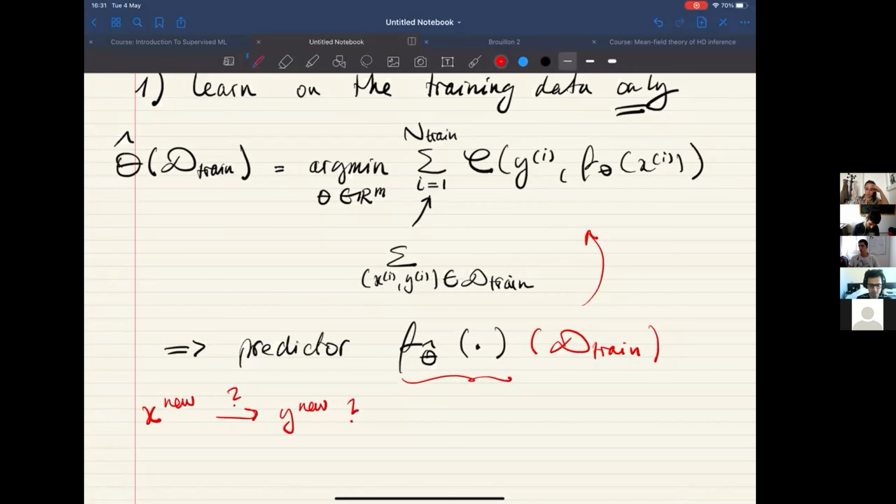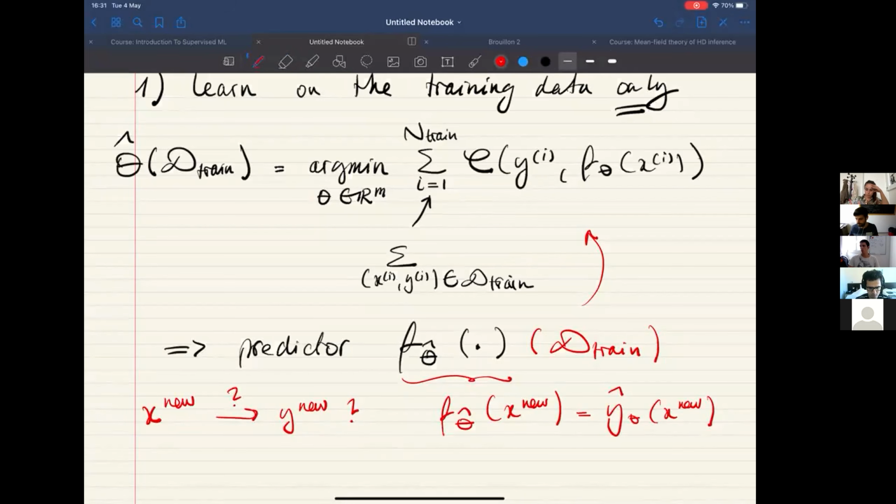How to do that? You just feed your model that you trained with this data point, and it gives you a prediction. And hopefully this prediction is close to the true one.